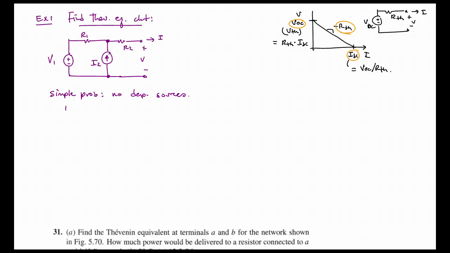First is to find R Thevenin. All you have to do to find R Thevenin is turn off all independent sources and find the equivalent resistance between, we'll call these terminals A and B.